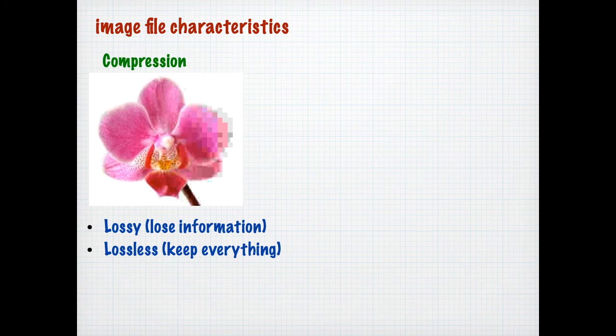Now, sometimes you might accidentally throw too much of the image away, and that's when you get that kind of blocking effect. But if it's done properly, then you can compress a file by throwing some of that image away. Lossless information is where you keep everything.